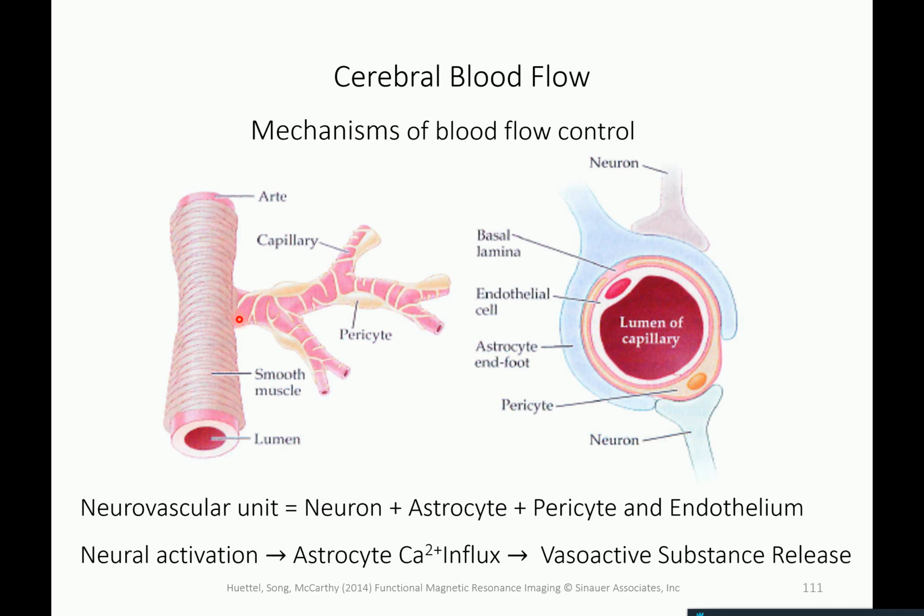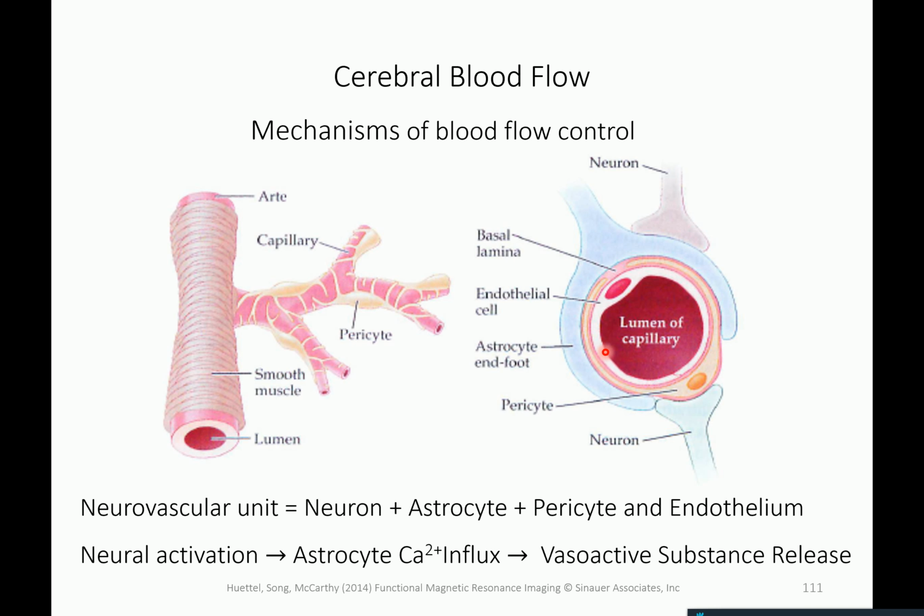So here I'm stressing again the notion of a neurovascular unit, or this concept comprising neurons that make, of course, synaptic connections, astrocytes, which kind of ensheath the whole thing, and pericytes, which are these kind of sparse smooth muscle cells, and the endothelium of a capillary.